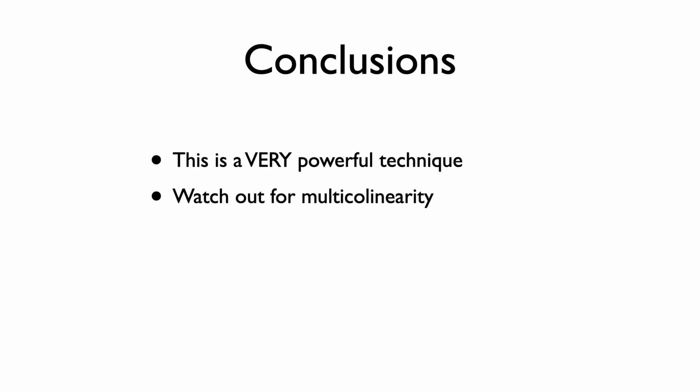I can take a bunch of data and put all these things together and then I can say I can predict Y from this combination of X's. That's a pretty powerful technique. Watch out for multicollinearity. This is the thing a lot of people miss, is the correlation of their X variables. So watch out for that, please.